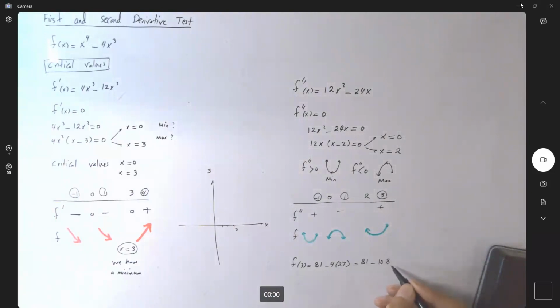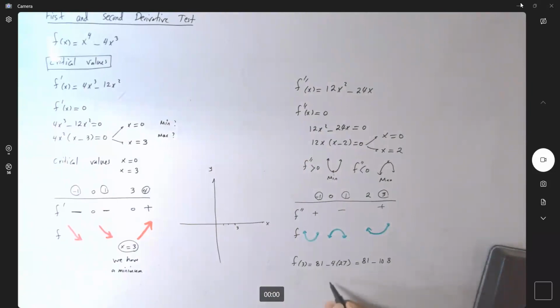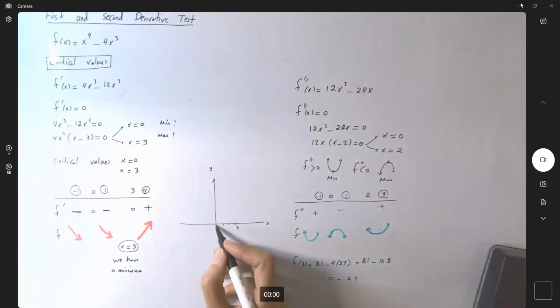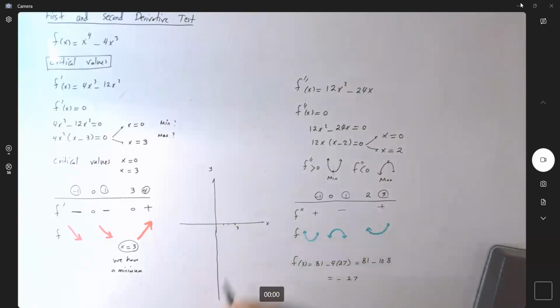108, which gives me negative 27. So let's just continue this graph down. At 3, I have negative 27, right here.